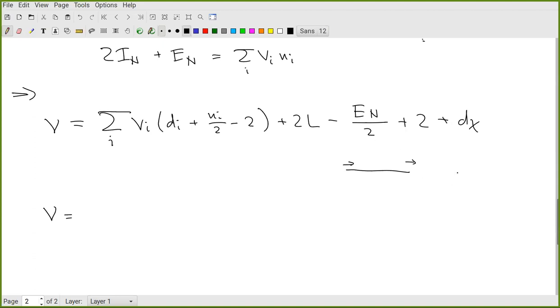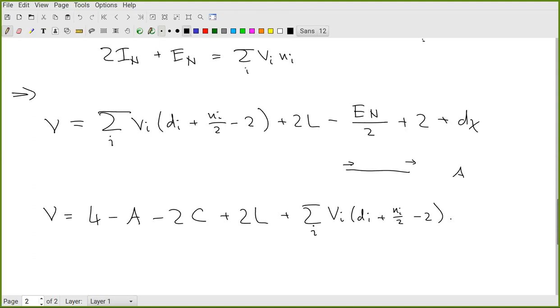So I write this just as A, and then I get 4 minus A minus 2 times the number of connected components plus 2L, the number of loops, plus this term that characterizes the interactions: the sum over I of Vi times d plus Ni over 2 minus 2, plus d chi.